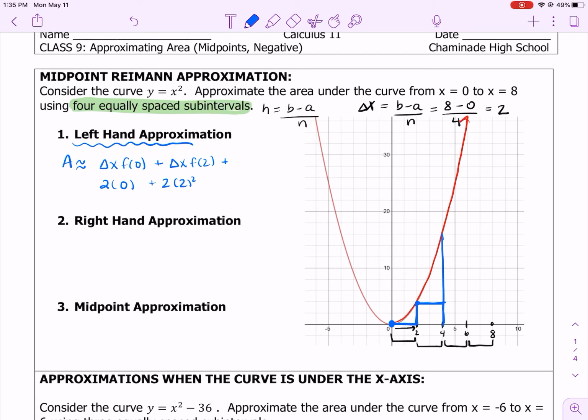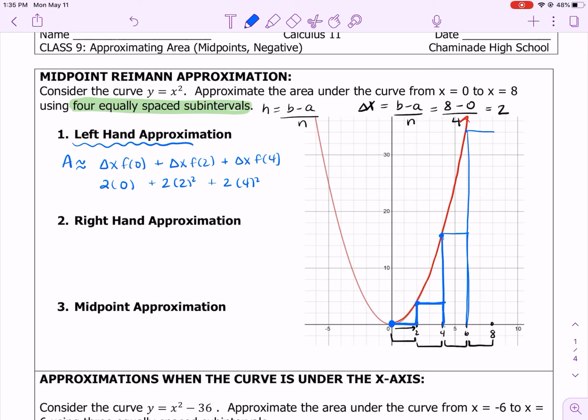Okay, notice here again from 4 to 6, the left endpoint is 4, so we're using that rectangle there. So again, another delta x, that's your width, times f of 4, so that's plus 2 times 4 squared. All right, and then again one more time here, but now using the left endpoint of the last but not least rectangle.